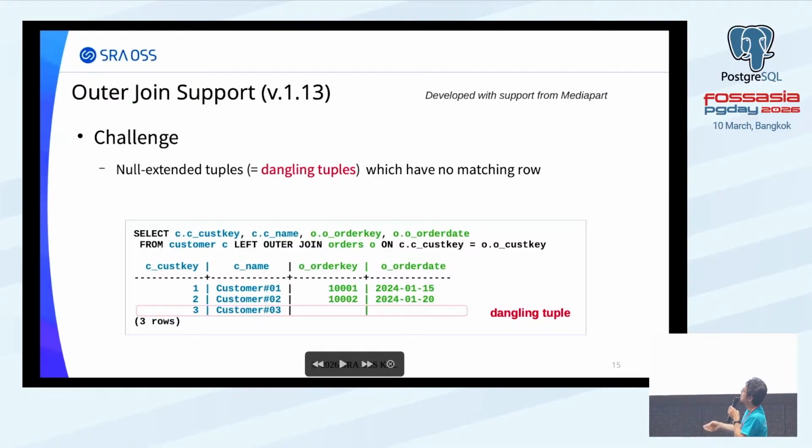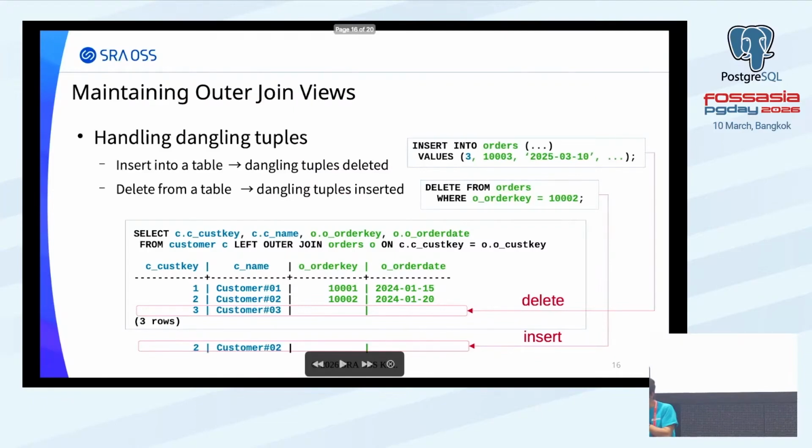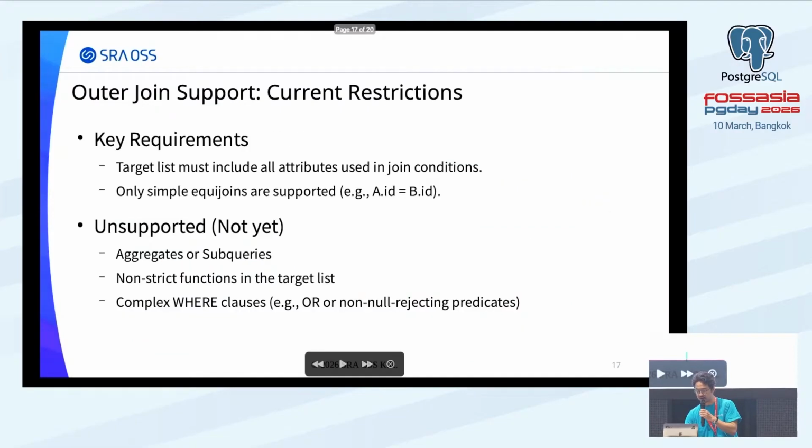These are rows that are not extended when a matching row does not exist. So in this situation, PGIVM has to determine whether to remove an existing dangling row or insert a new dangling tuple. So handling this is much more complex than an inner join.